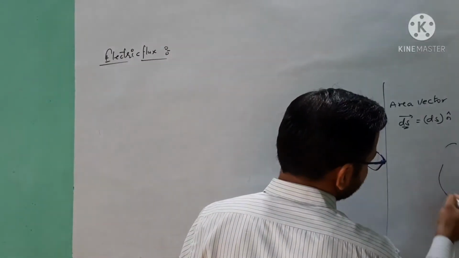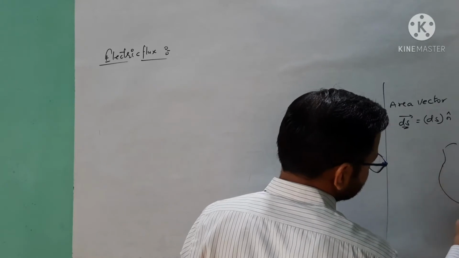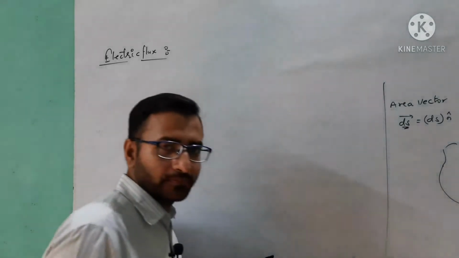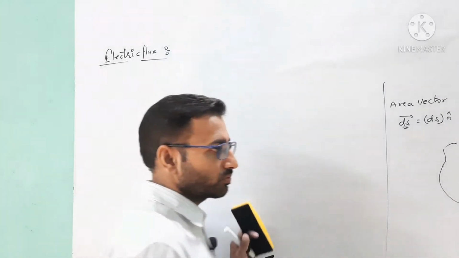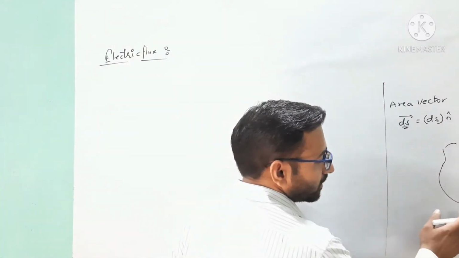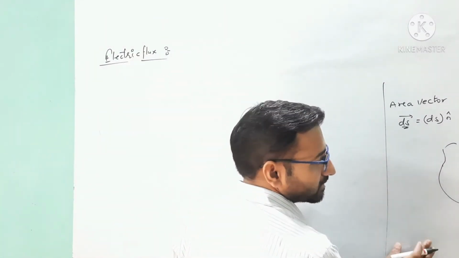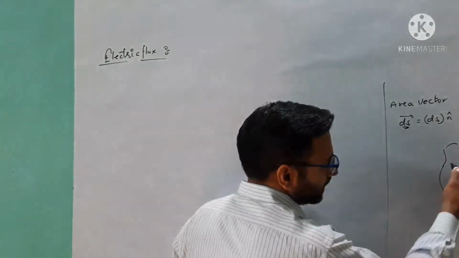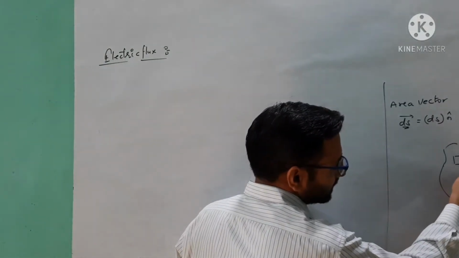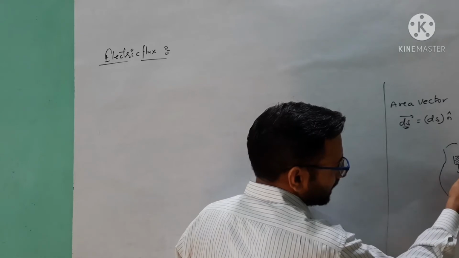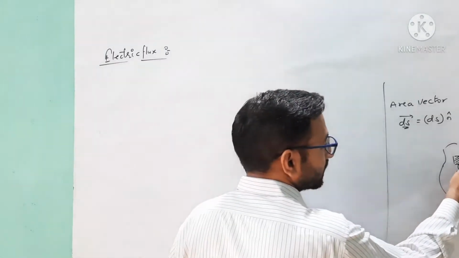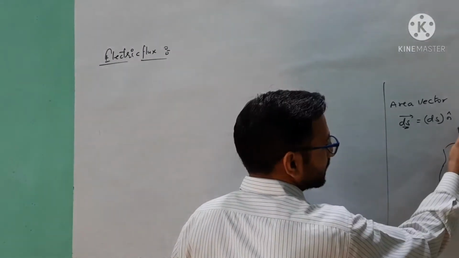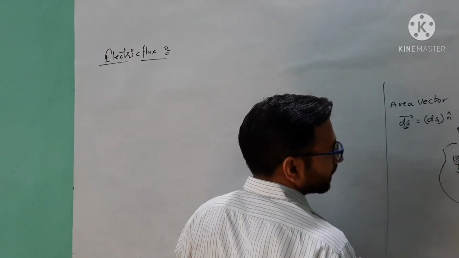The direction of the area vector is vertically upward. Let me explain once again. If S is the given surface area, and in this surface I have considered the area element dS, then the area vector is vertically upward.